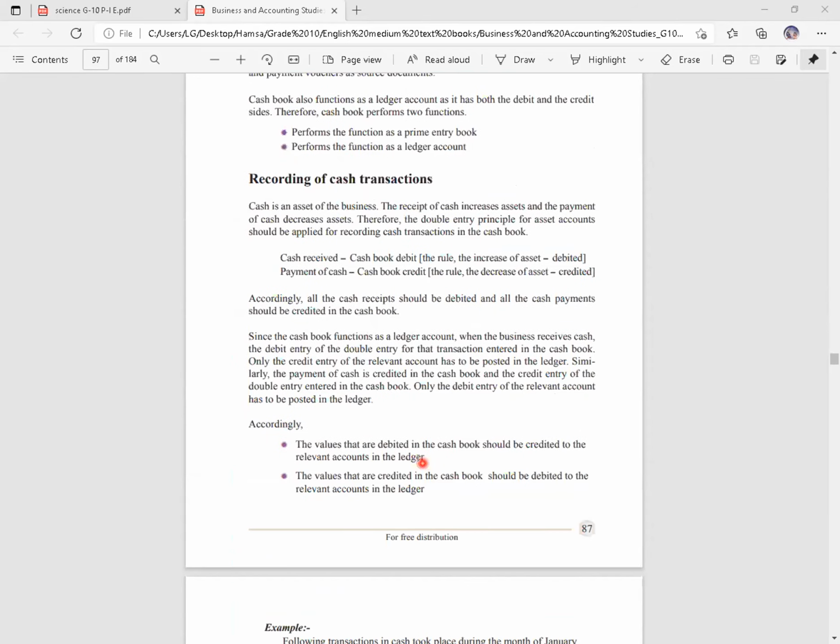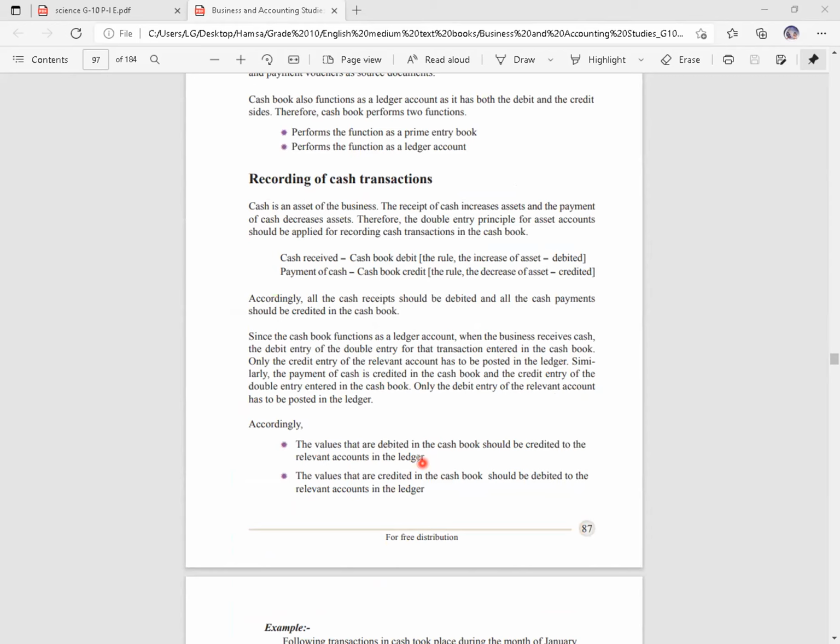When I say cash received from debtor, how did you enter that transaction before? Cash received from debtor, cash account debit, debtor's account credit, isn't it?